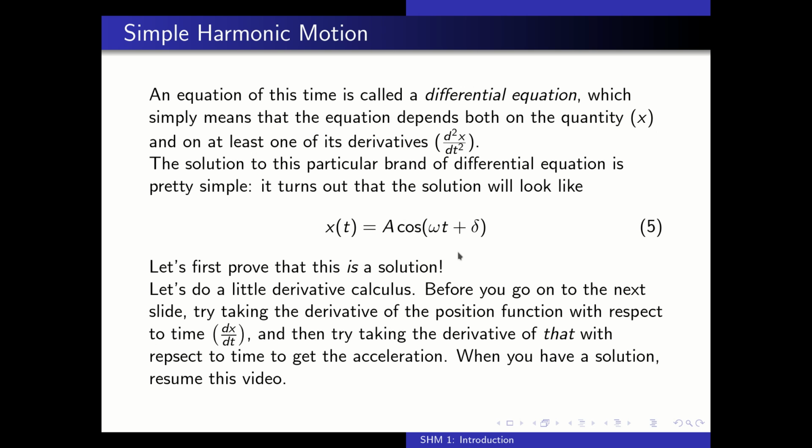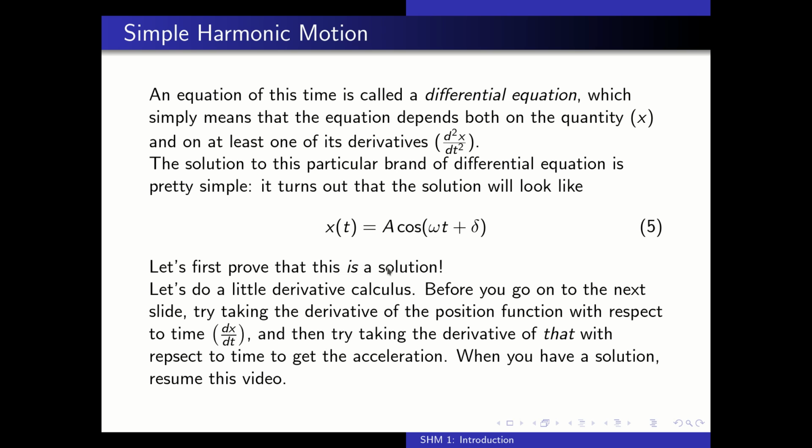Now remember that when we say a sinusoidal function, that does not mean just a sine function. It means a sine or a cosine. They look the same other than being shifted off from one another by 90 degrees. But this particular position function is sinusoidal in time. Now, without digging into what these terms mean, let's demonstrate that this is actually a solution.